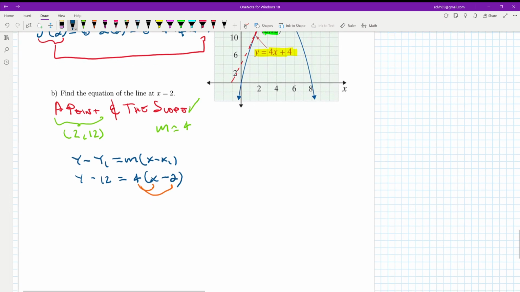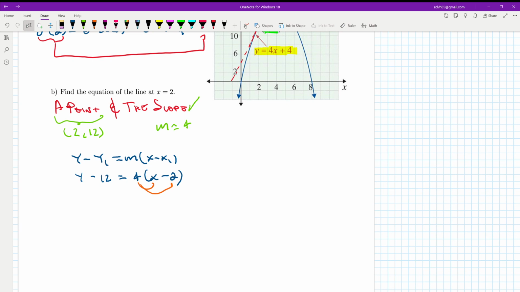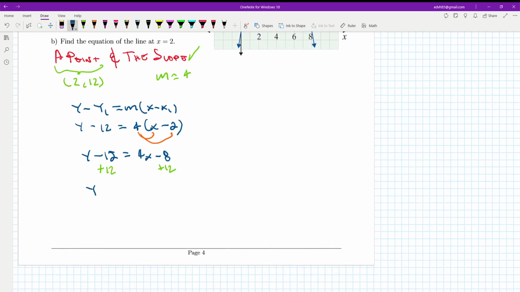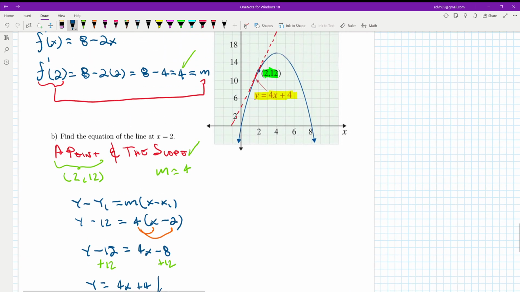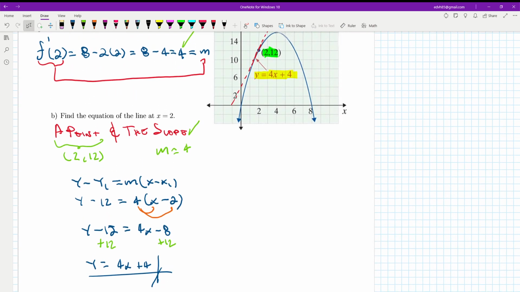This is just like any intermediate algebra problem in which you find the slope and the point to come up with the equation of the line. That's 4x minus 8, and then just add 12 to both sides to isolate y, and this will be y equals 4x plus 12 minus 8, that's plus 4. And yes, it's the same result that we got over here from the graph.